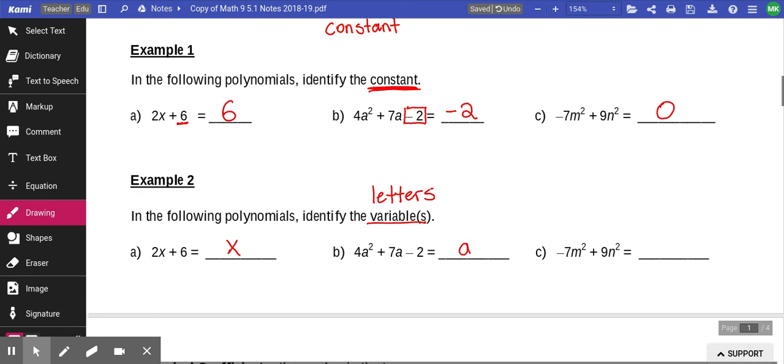Even though there's an a squared and an a, it's still just a as my variable. We're just talking about what letter we're using. In the third one, we have 2 variables. We have variable m, we have variable n. So it's 2 variables.